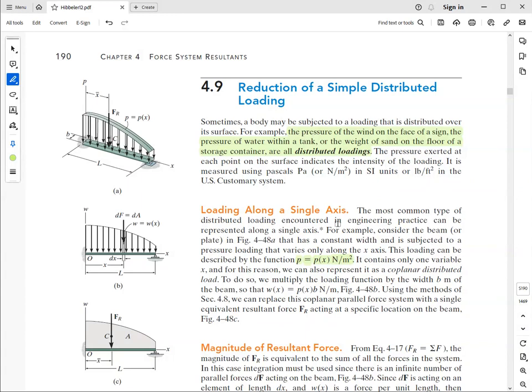Or it could be a distributed load, snow on an overhang or on a beam that is supported, or sand on a truck bed.